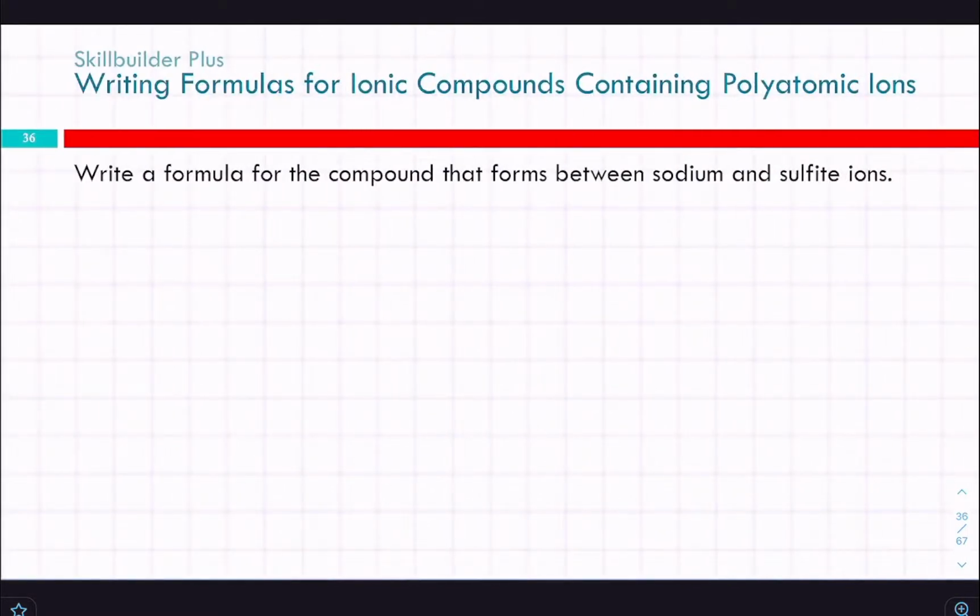Sodium sulfite. So we have sodium. The sulfite ion is SO3, 2-. And then sodium is in the 1A column, so it has a 1+ charge.